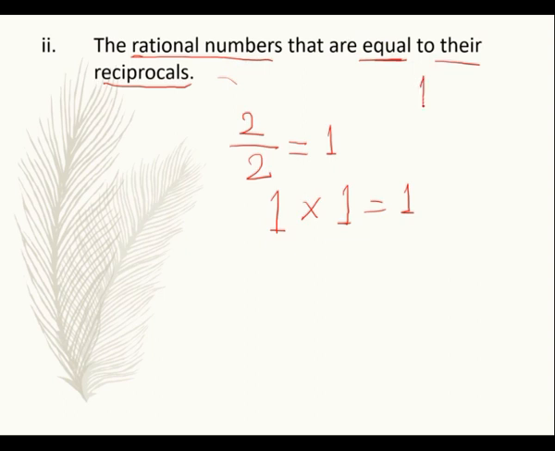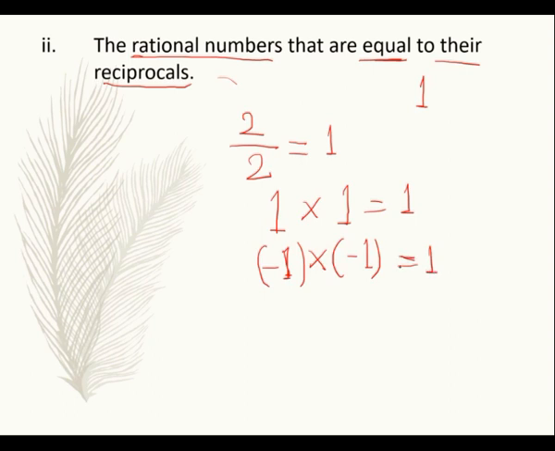Now children, do we have any other rational number doing the same way? There is, which is -1 multiplied by itself gives 1.